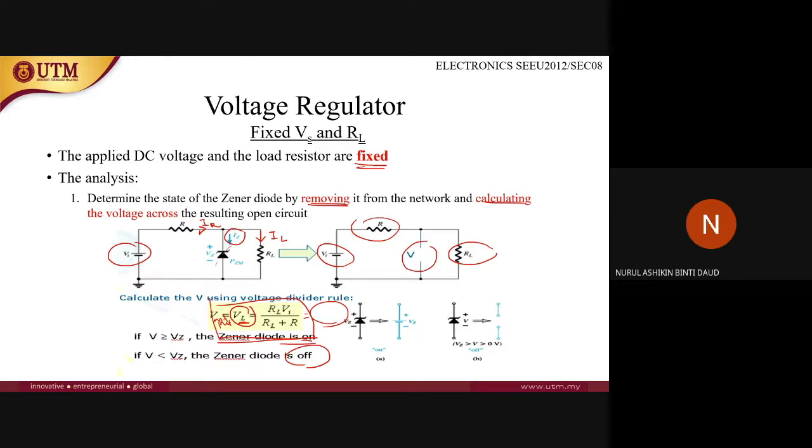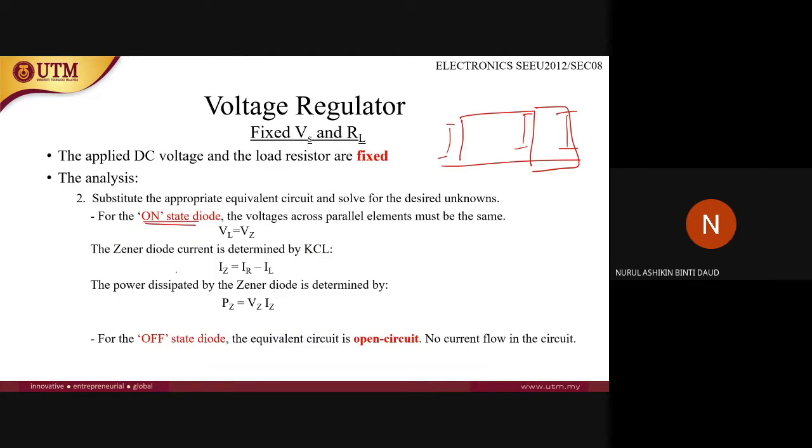So IZ is equal to IR minus IL. How to find IR? You can always use Ohm's law, V divided by R, and you can get the value of the current at this stage.